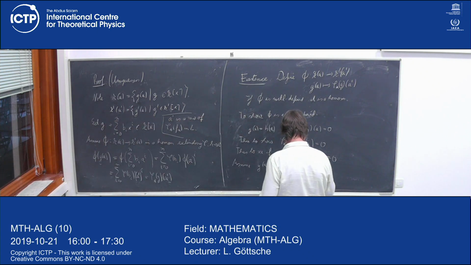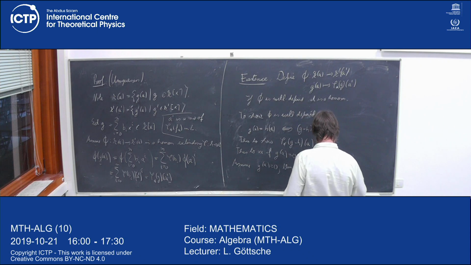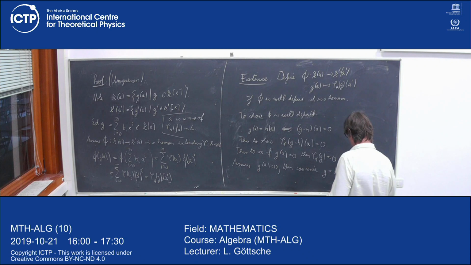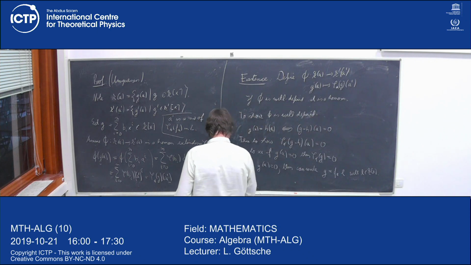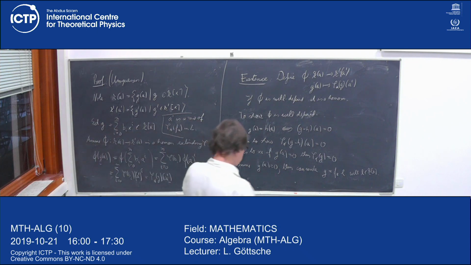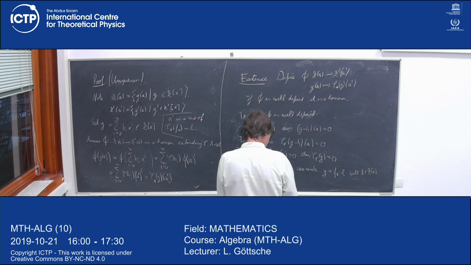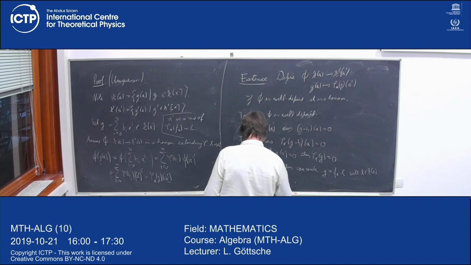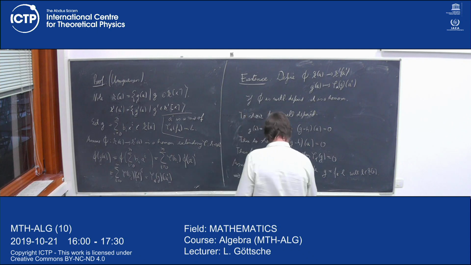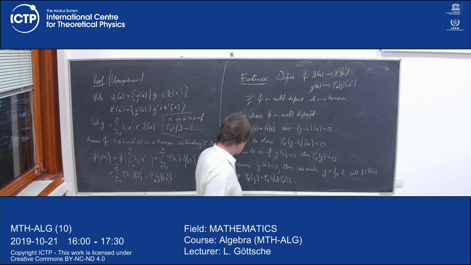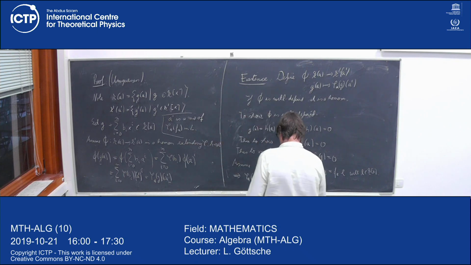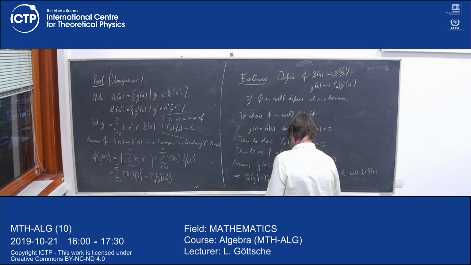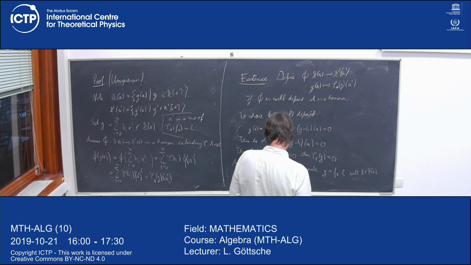So then we can write g equal to f_a times L with L in K[x], and thus it also follows that if I take phi star of g, this is equal to phi star of f_a times phi star of L.